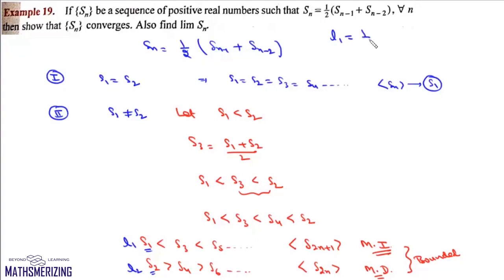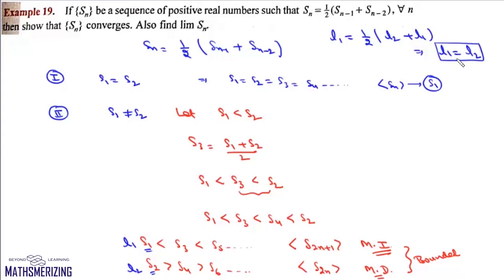L1 equals 1 by 2 (L2 plus L1), and from here we can write L1 is equal to L2. If we take n as even also, again we'll end up getting L1 equals L2.